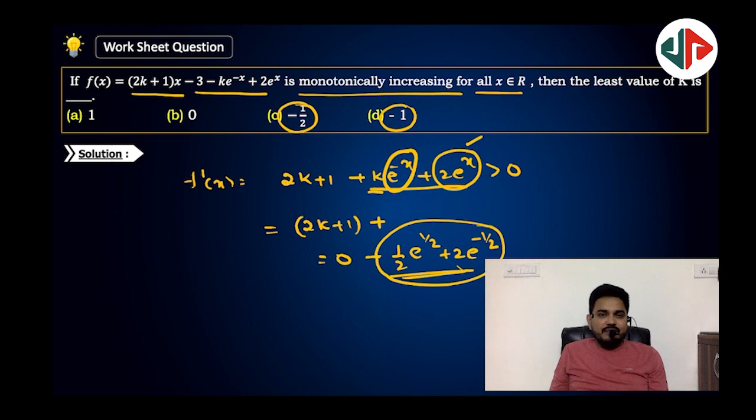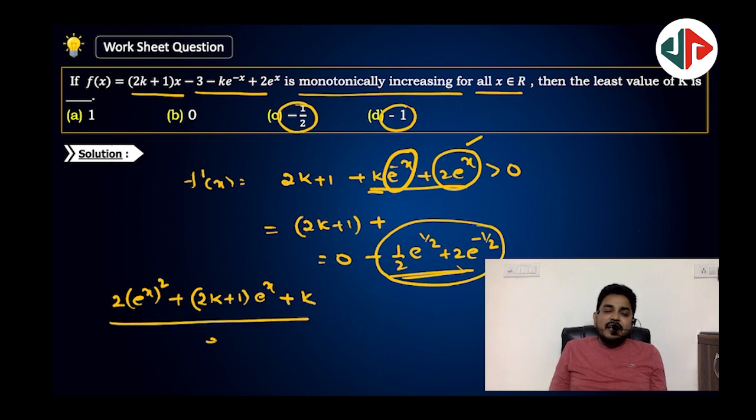To solve this question, I'll go ahead with e power x: 2 e power x whole square plus (2k plus 1) into e power x, because I'm multiplying with e power minus x, plus k, which should be greater than 0 for all values of x. So what can we do about this?